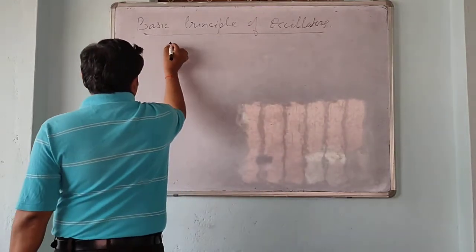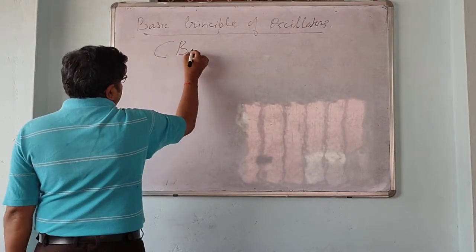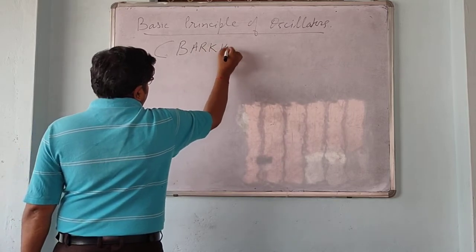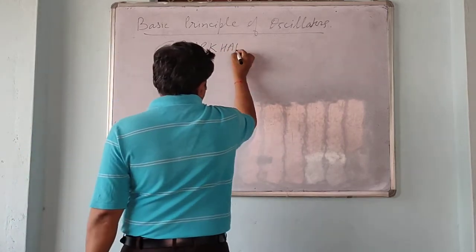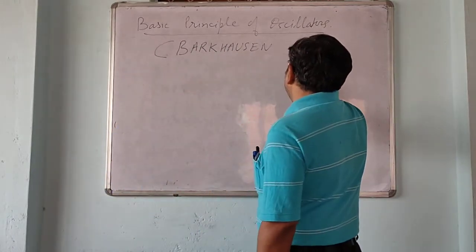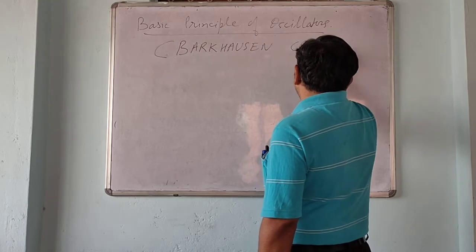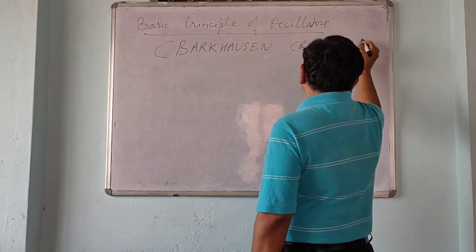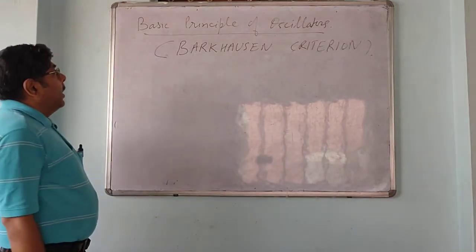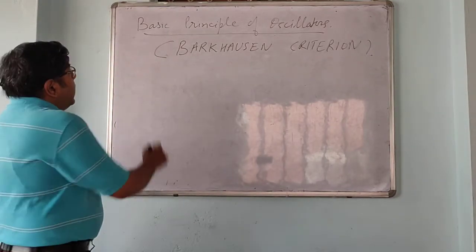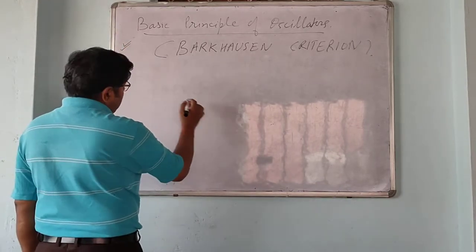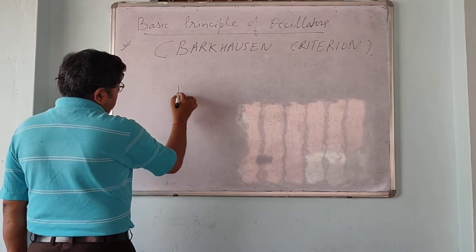And this is also called Barkhausen criterion. And to understand the basic principle, first you have to see there are two types of feedback networks.